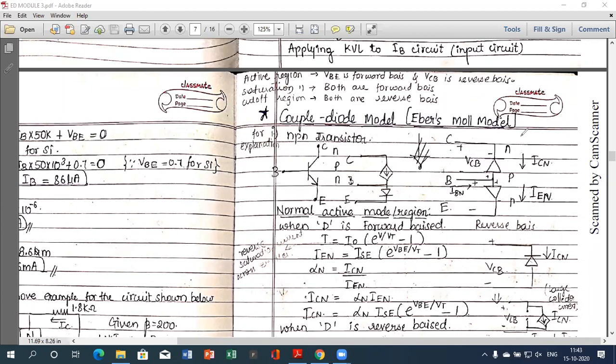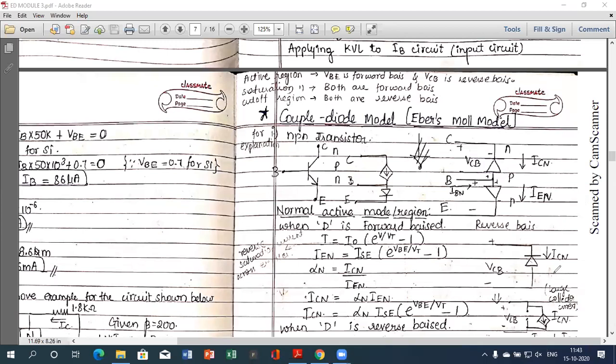Remember, it has three terminals: collector, base, and emitter. The NPN transistor is replaced by two diodes, assuming base to emitter is forward biased and collector to base is reverse biased, and IBN, IEN, and ICN are the three currents, with these directions.